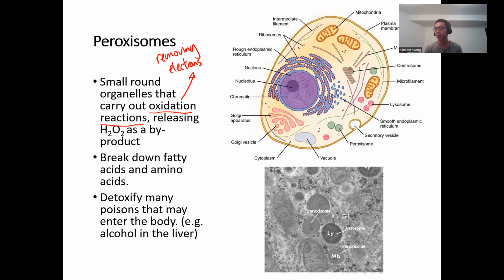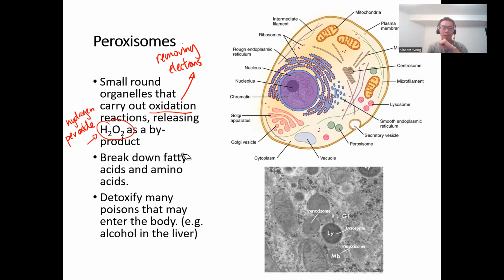One of the byproducts of oxidation reactions is H2O2, hydrogen peroxide. Okay, hydrogen peroxide is very toxic to the cell. That's why you need to contain these reactions inside the peroxisome.